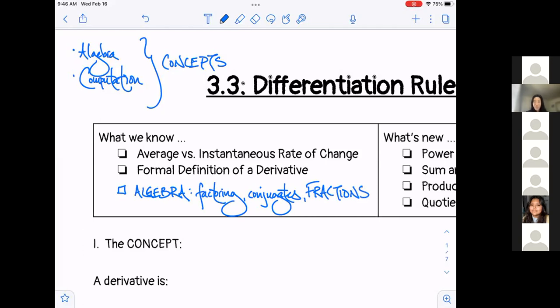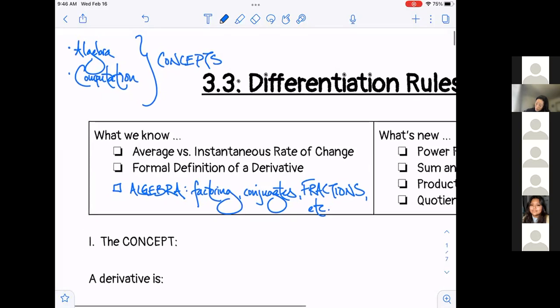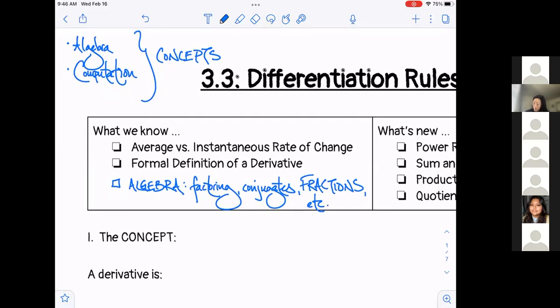Fractions gets all capitals because fractions will take you very far. And that's what I mean when I say algebra. It could be factoring, it could be conjugates, it could be fractions. All of those are going to be sort of hidden in the work that we're doing. And as we move into this next phase of our curriculum, we want to make sure that we feel good about the algebra.